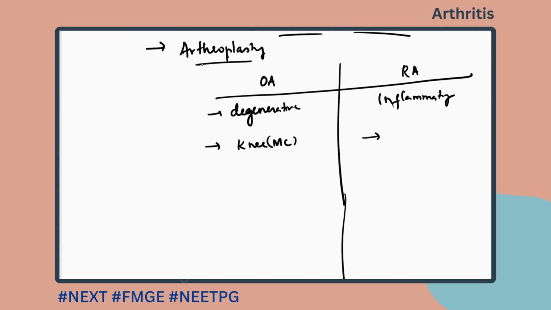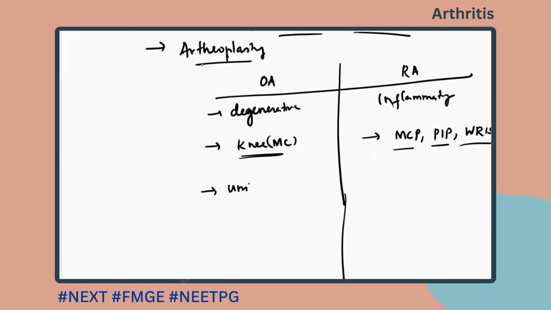The most common joints affected in rheumatoid arthritis are the metacarpophalangeal joint, proximal interphalangeal joint, and wrist joint. Whereas in osteoarthritis, the knee joint is the one which is most commonly affected.